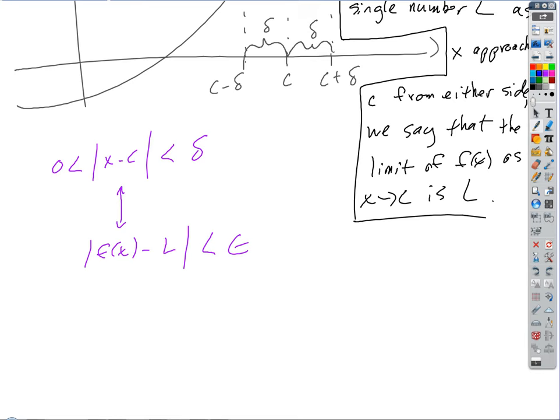The distance between the function and L is going to be less than some maximum value, epsilon, whenever the distance between x and c is less than some value, call it delta, which is the width of the neighborhood.